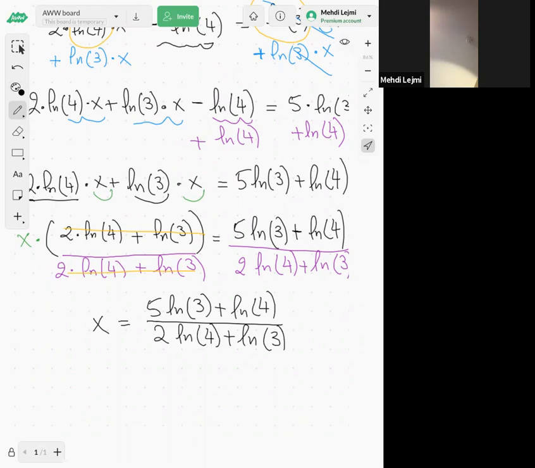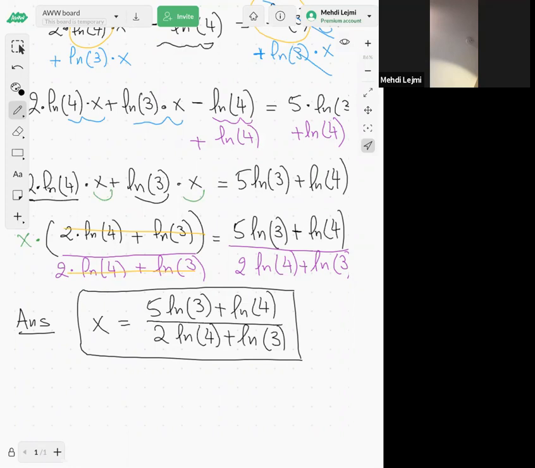And that will be a fine answer, guys, because there are no conditions on x. x can be any real number, so that would be a fine answer. Again, guys, if you want, you can try to approximate this answer.